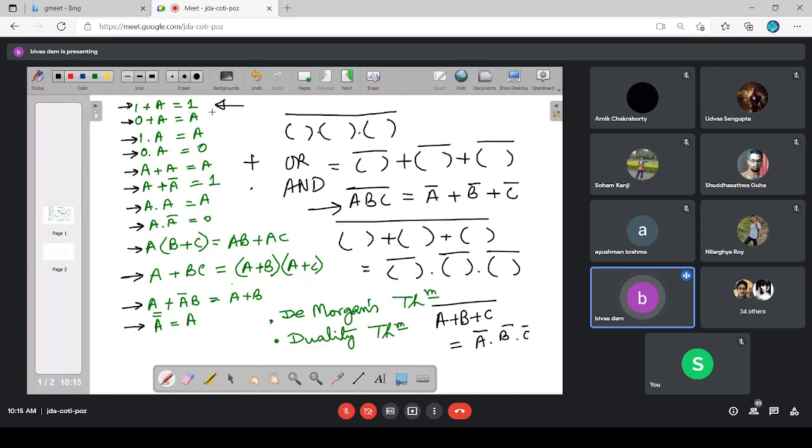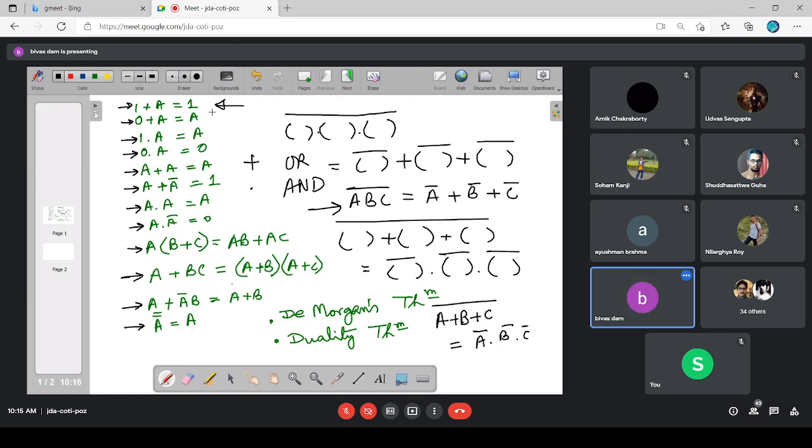So 1 and 0 will be 0 because one input of the AND gate is 0. 1 and 1, or true and true, means both inputs of the AND operation are true, so the output will be true. So if A is false, output is false; if A is true, output is true. So 1 dot A is A.